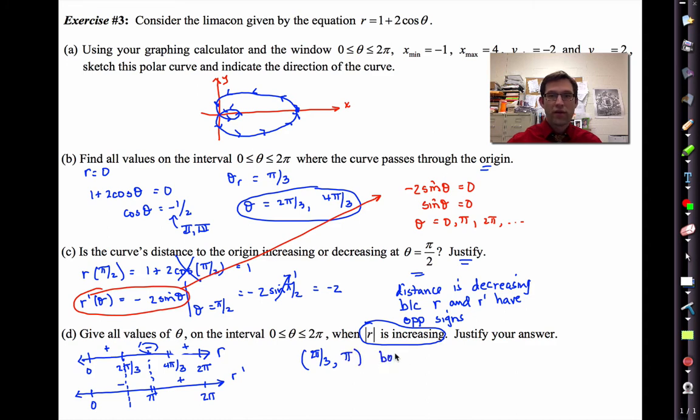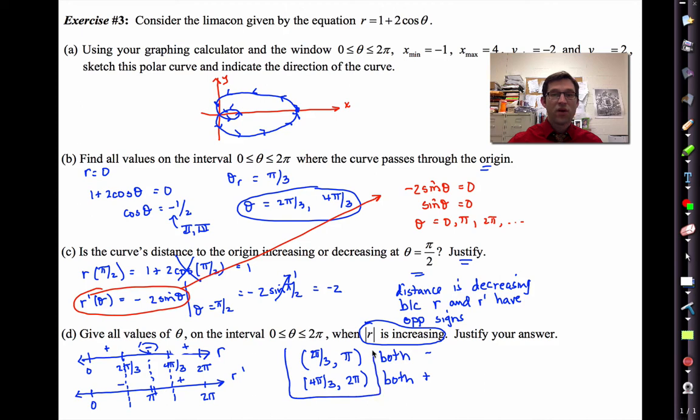But there's also a location where they're both positive. That occurs from 4 pi over 3 all the way up to, but not including, 2 pi, because in here, they're both positive.